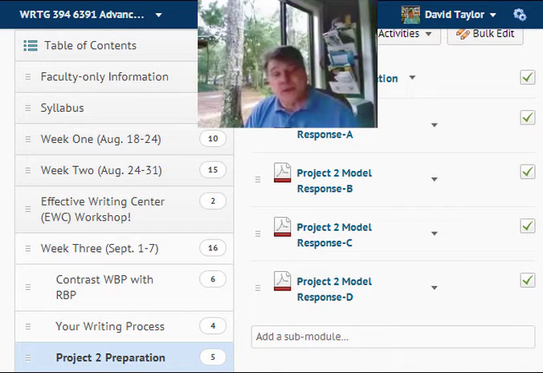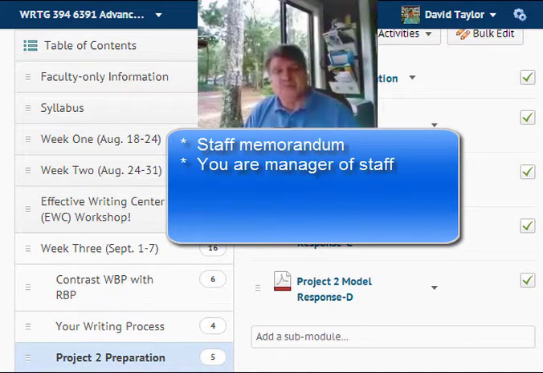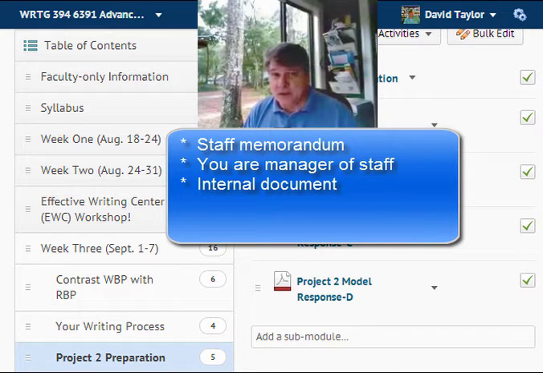In paper number 2, you're going to write to your staff. In other words, you're going to pretend, if you're not already, to be a manager. And you're going to write a memo to your staff. A memo, remember, is an internal document that is formatted a certain way.